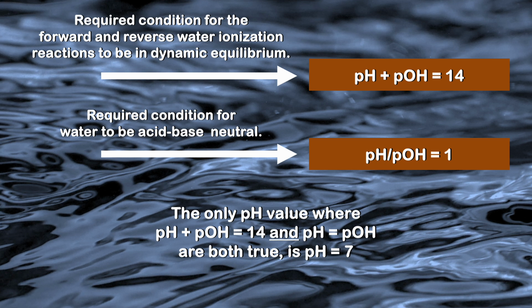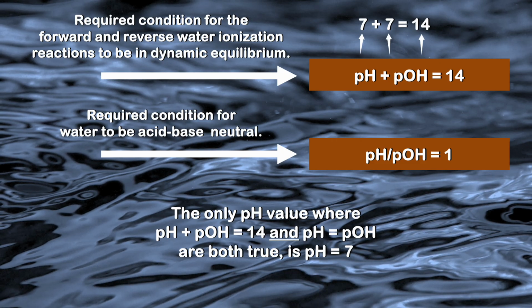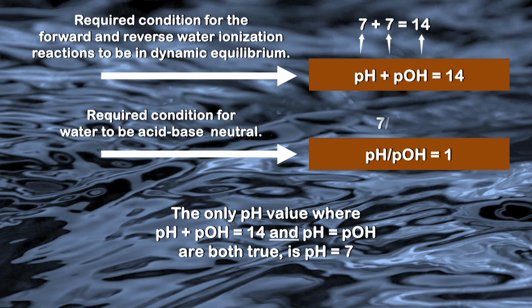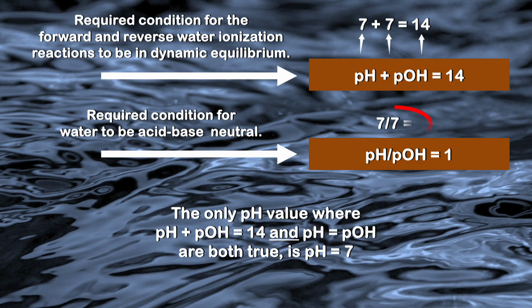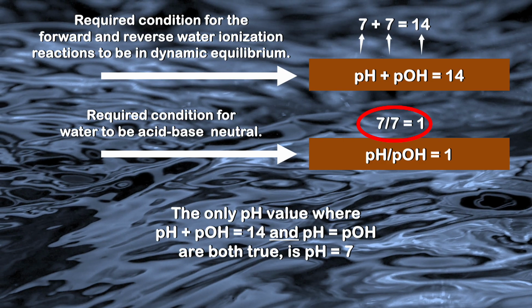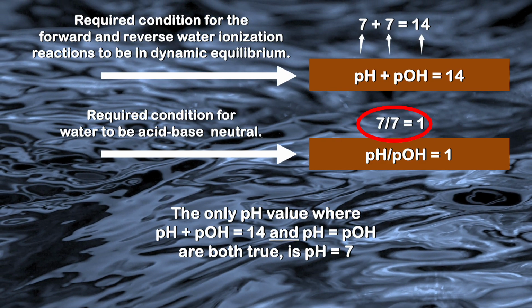For equilibrium, if pH equals 7, pOH must also be 7 to make their sum equal 14. And when pH and pOH are both equal to 7, the condition for water neutrality is also met, because the ratio pH over pOH equals 1.